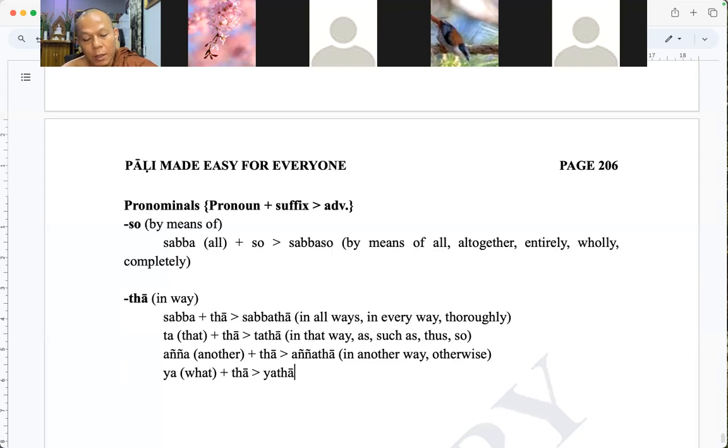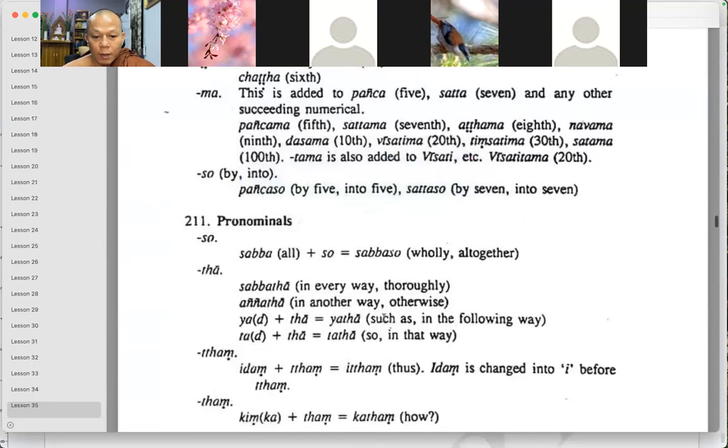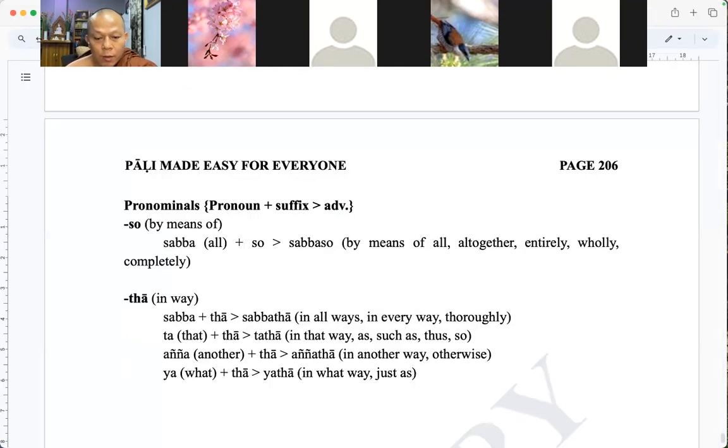So we have the yeta. So yeta means literally in what way, or just as, or just like, and so on, such as in the following way. So, okay, in this way can be seen.